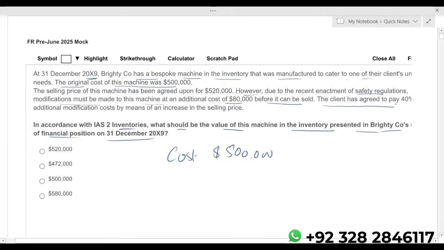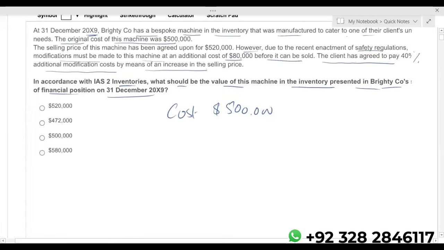The client has agreed to pay 40% of the additional modification cost by means of an increase in selling price. So the client is not going to pay the entire 80,000. The client is ready to pay 40% of that. It means we just have to compare cost with NRV, whichever is lower. The already agreed selling price is 520.